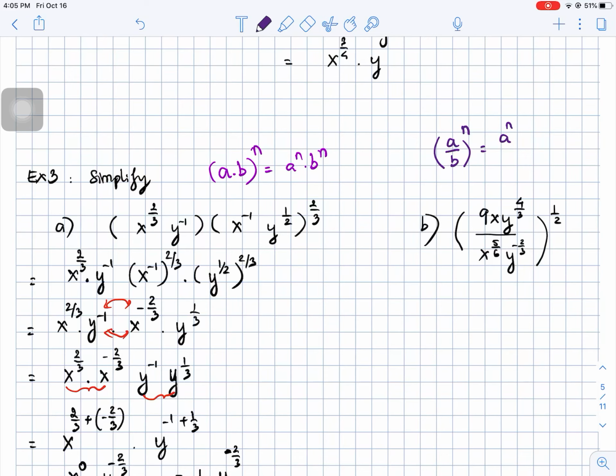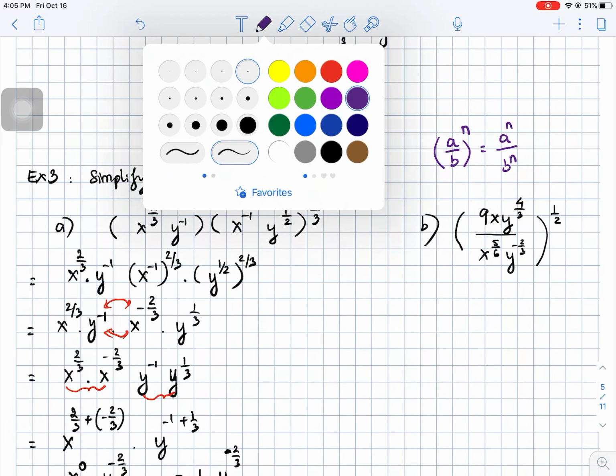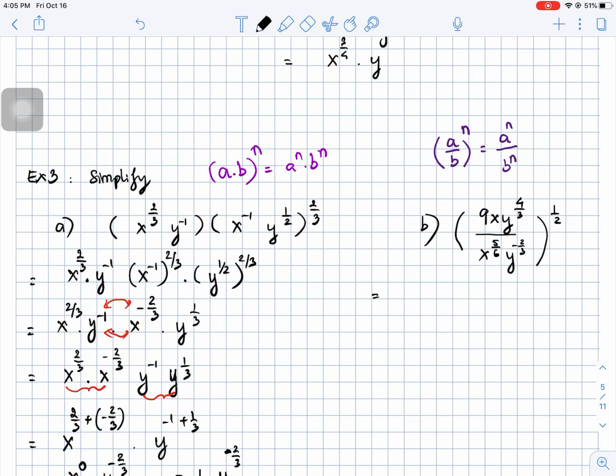In example part B, we will use the quotient to the power rule. So you got the product to the power rule is a times b. What if you have a divided by b to the n? Then we apply the same as the product rule. We have a to the n and b to the n.